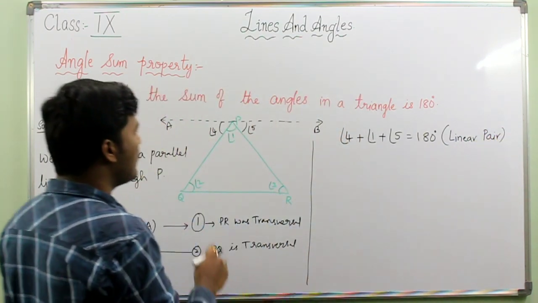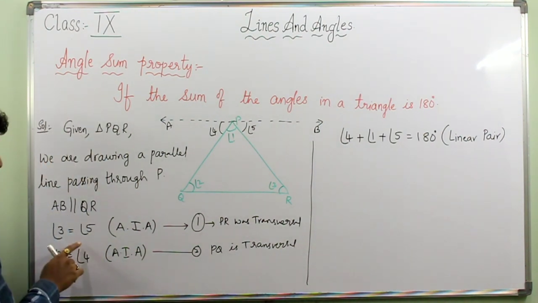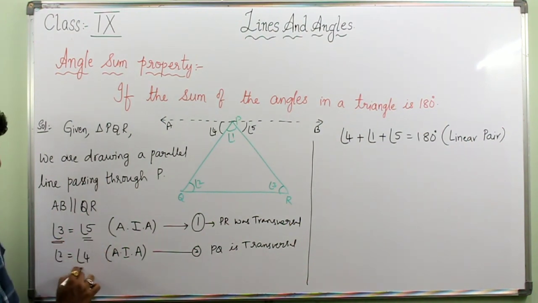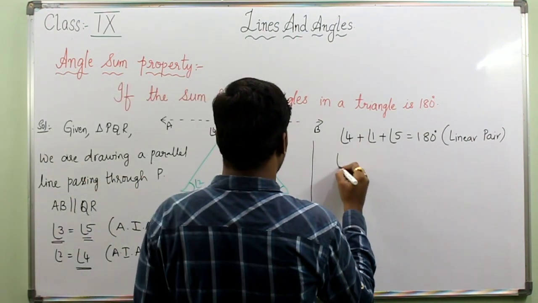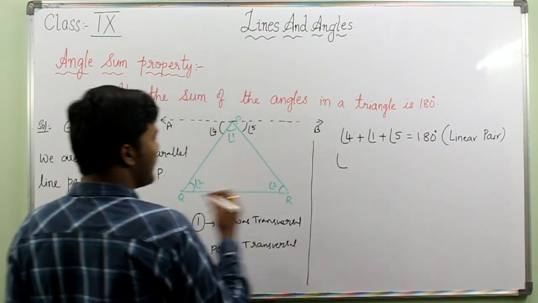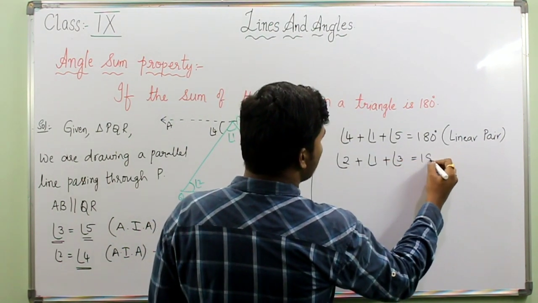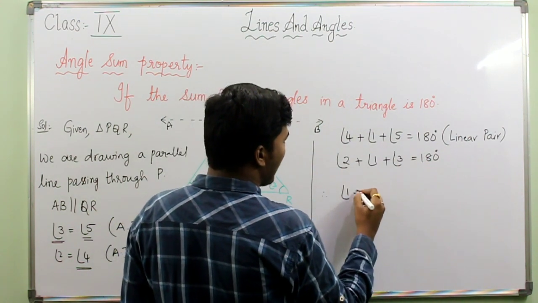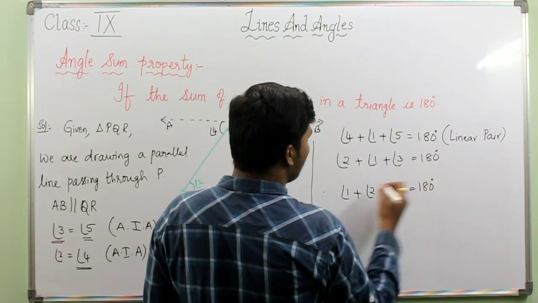From equations 1 and 2, angle 5 is angle 3 and angle 4 is angle 2. Replacing those values, 4 is replaced by 2, so 2 plus 1 plus 3 equals 180. By arranging, angle 1 plus angle 2 plus angle 3 equals 180.